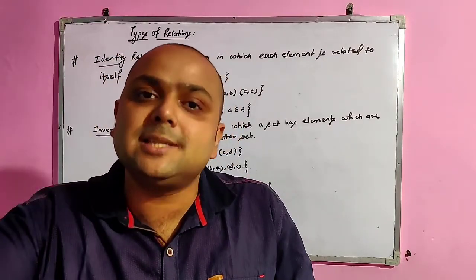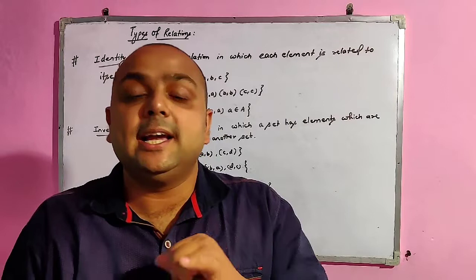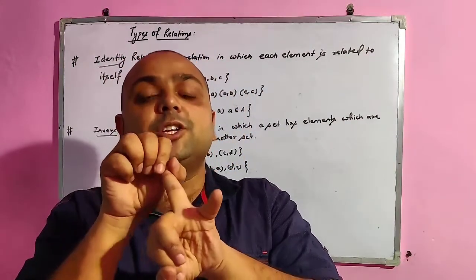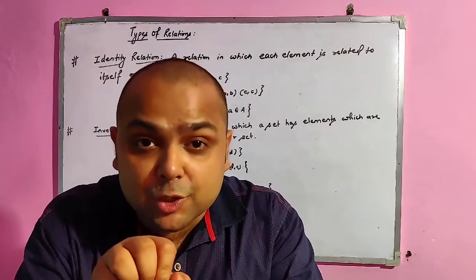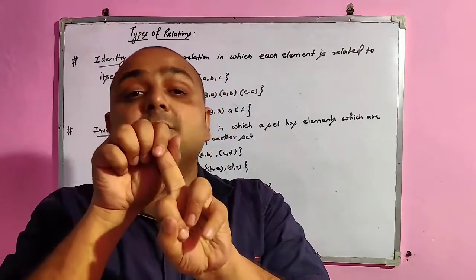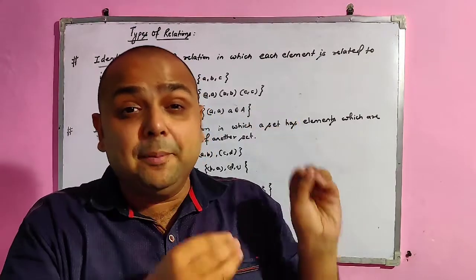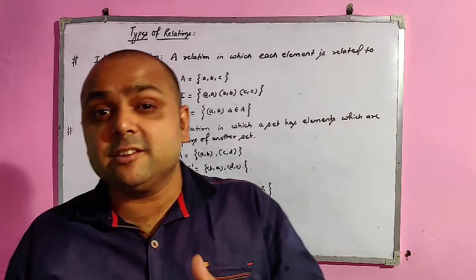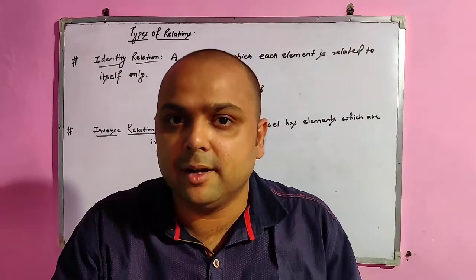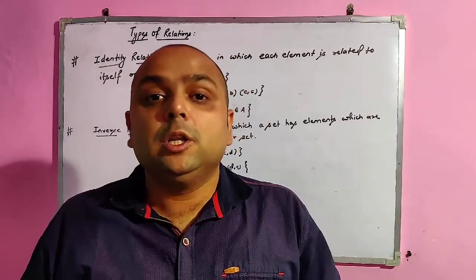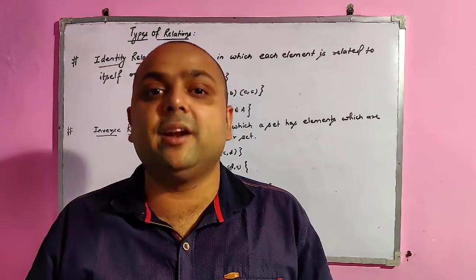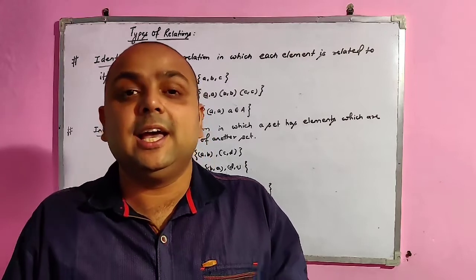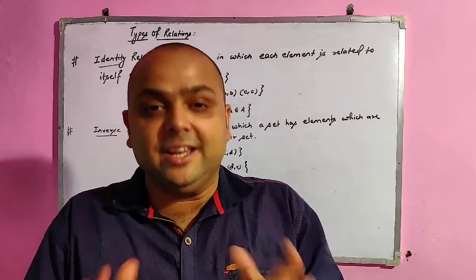So in the empty relation no elements are related, in the universe relation all the elements are related to each other, identity means only the element is related to itself, and in inverse the element is related to the inverse pair. Now I am going to tell you the most important topic related to relations for class 12th, which is the equivalence relation.